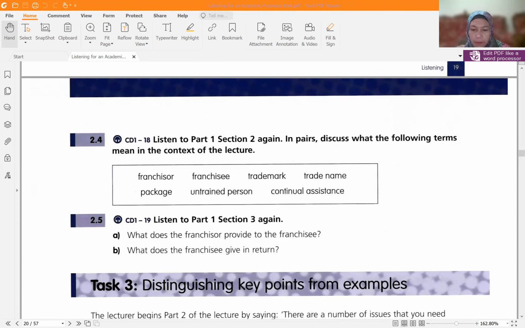Exercise 2.4. Listen to Part 1, Section 2 again and answer the following questions. Section 2. So, what is franchising?